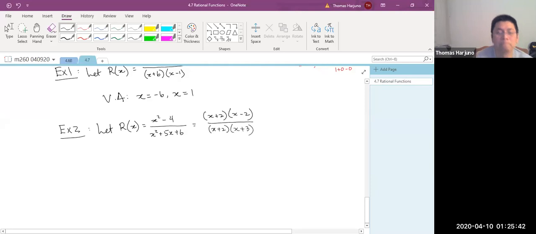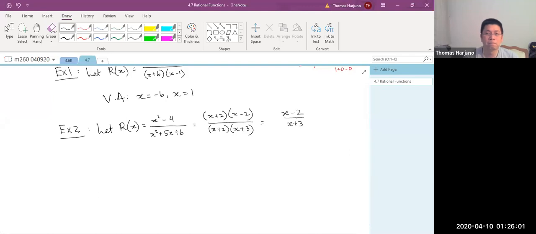Is it right? I factor them. And in the past, we usually say this is equal to x minus 2 over x plus 3. Is it right? We cancel the x plus 2. But that's not totally true.